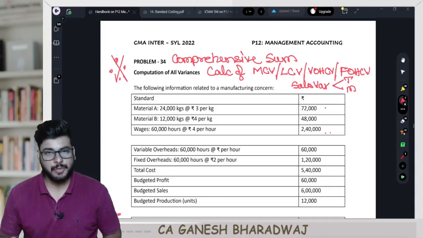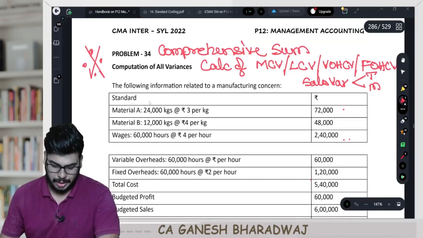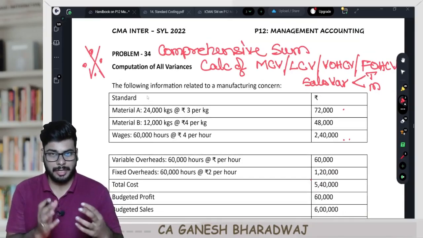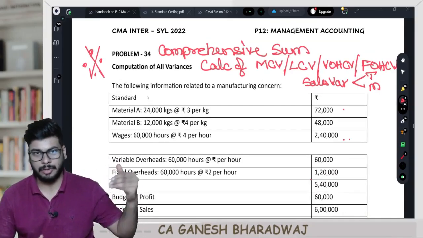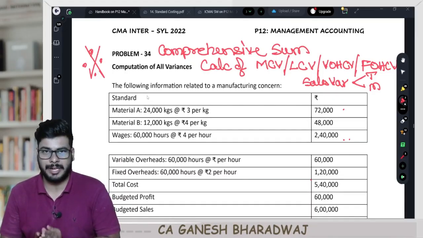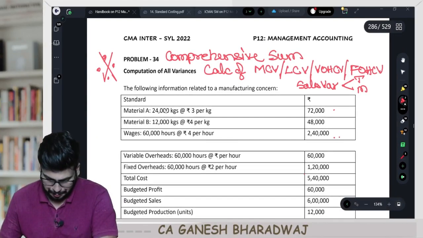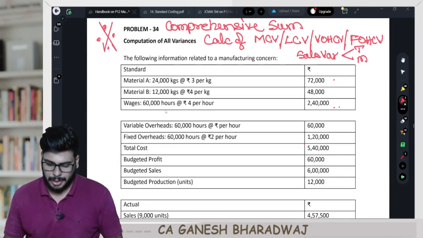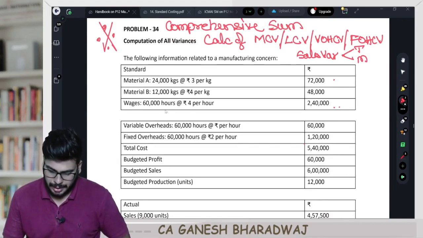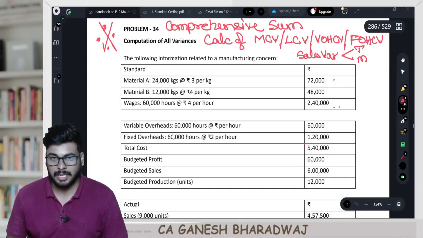Now let's move on to the comprehensive numerical problem, right? So this is question number 34 that we did in our regular batch. This is our regular course material that I'm using right now. Let me read out the question for you. The following information related to a manufacturing concern is given below, right? They have given the word standard.